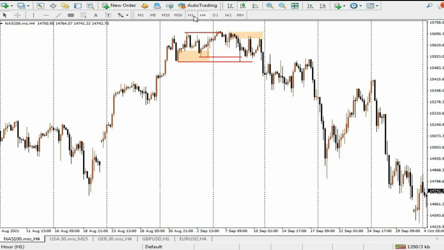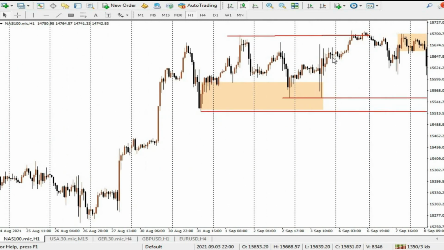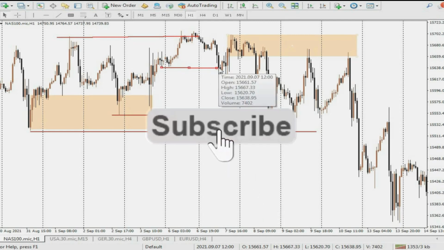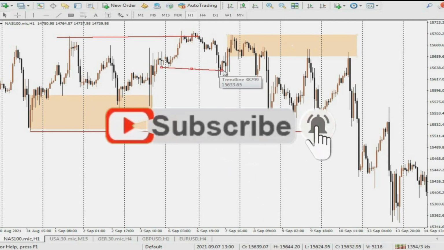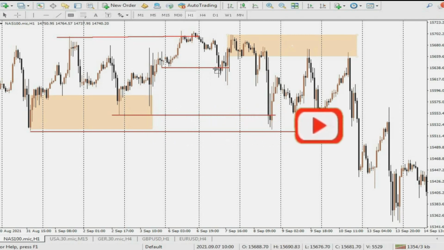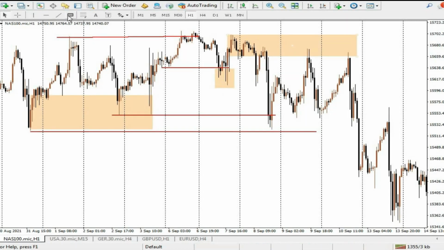But now let's go to H1 time frame and understand why the price came back there. As you can see, guys, while the price was going down, they even took out this higher low, which is the higher low in H1 time frame. That higher low was taken out, and the price went back to the previous order block zone area, at the previous lower high.